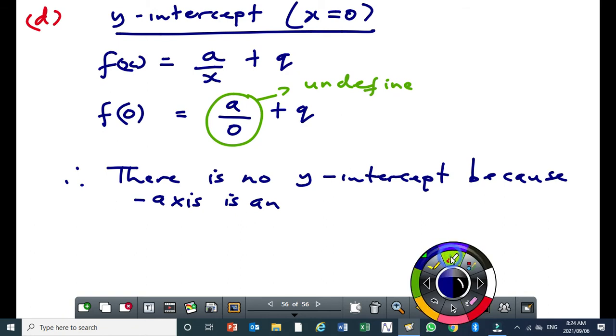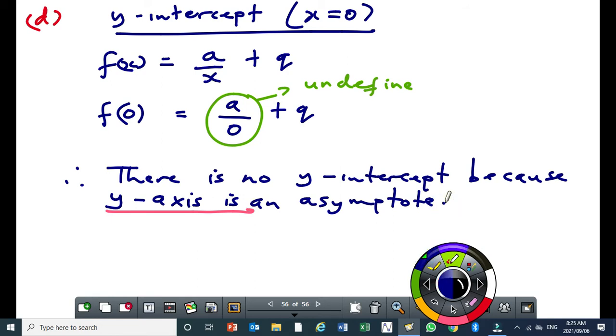So the y-axis is an asymptote. Okay, just take note of that. The y-axis is an asymptote, and the y-axis has an equation, which I'll talk about later on. I think I told you before that the y-axis has got an equation.